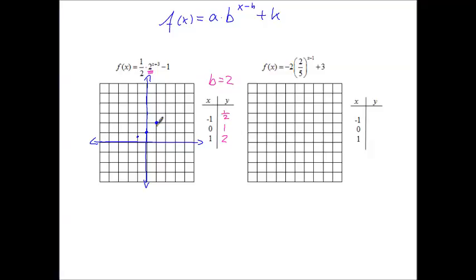Now we need to talk about dilation. Dilation is 1/2, and that means that each of our y values, each of our outputs, is going to be just half as large as it should be. So 1/2 times 1/2 is going to be 1/4. 1 times 1/2 is 1/2, and 2 times 1/2 is 1.